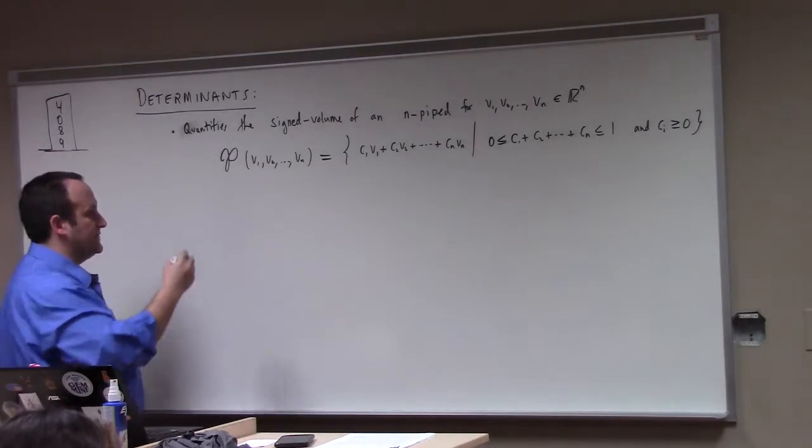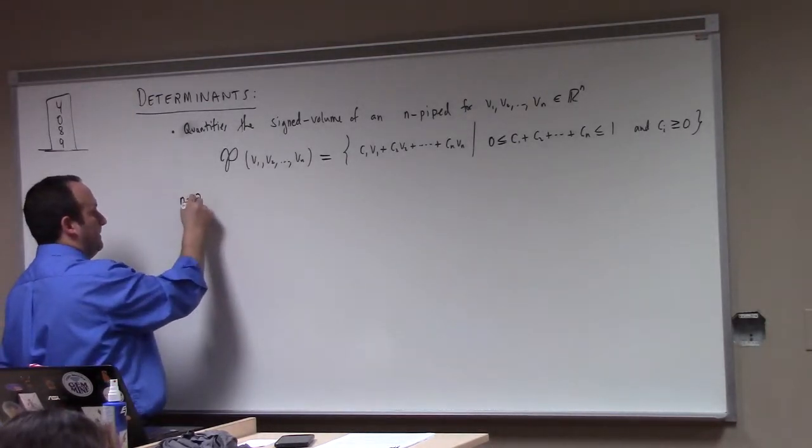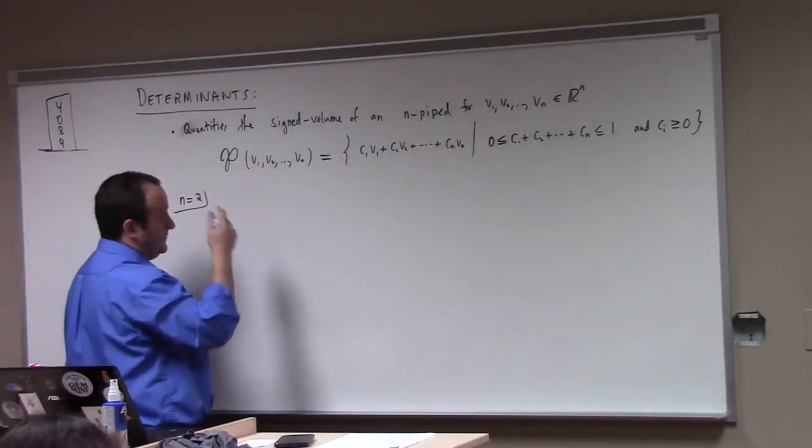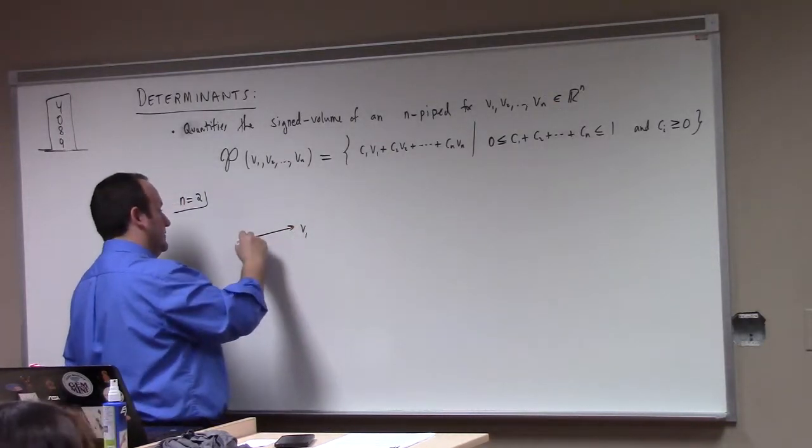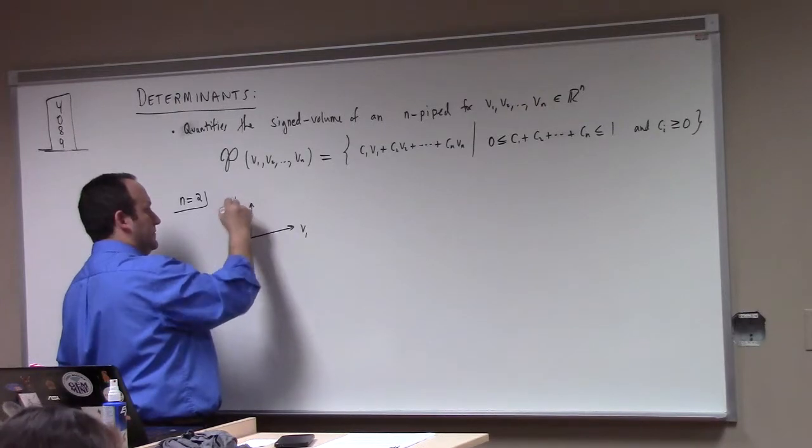Let's just look at n equals 2. So for n equals 2, this would be like V1, this would be V2, all right?